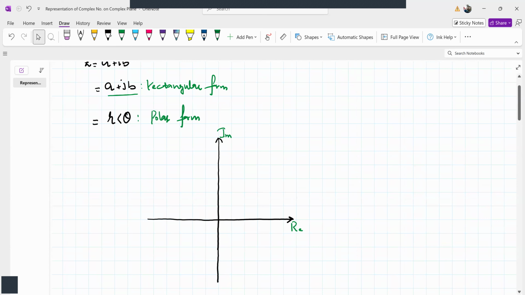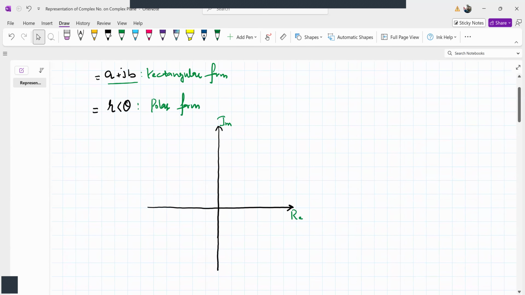Okay, let's start with the rectangular form. Suppose we have a complex number. We can represent this on this plane. Depending upon the values of a and b, this complex number will lie anywhere on this complex plane, because a and b can be negative or positive.